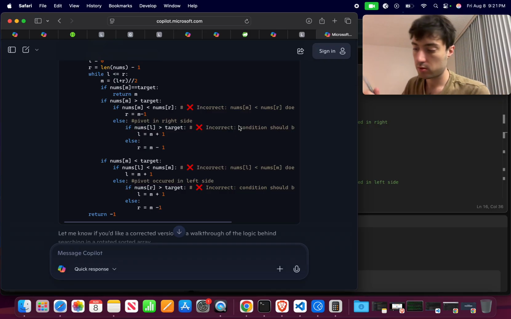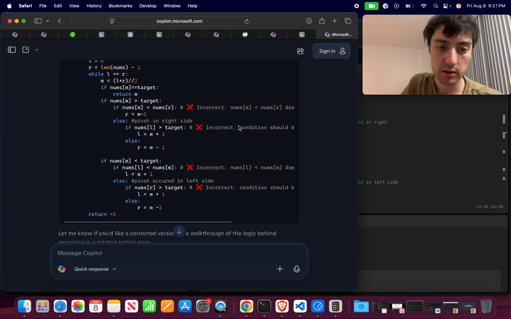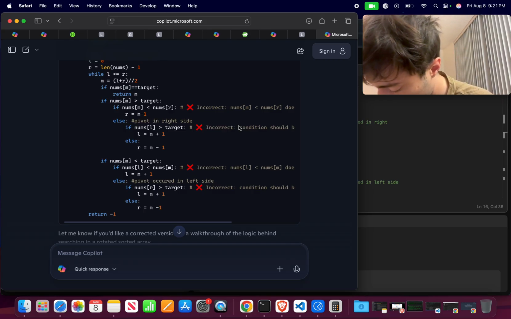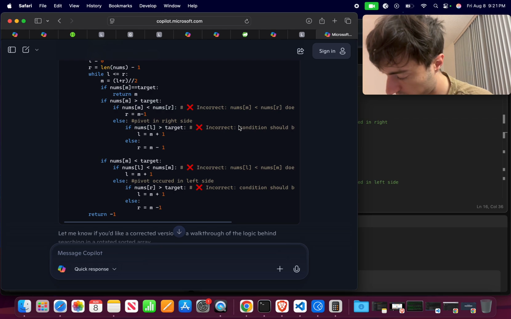So this case here, I have mid, and my mid is smaller than my right. Okay. So here's my mid right here.